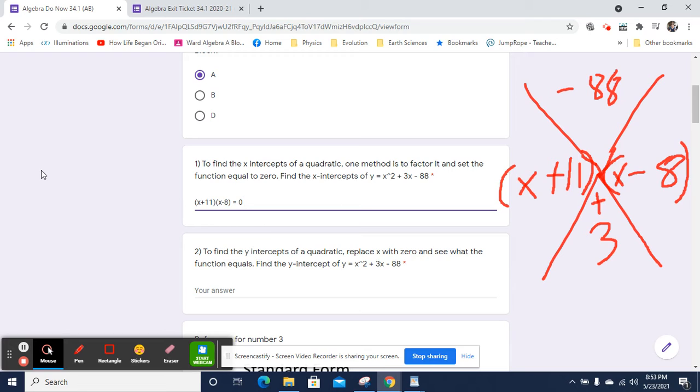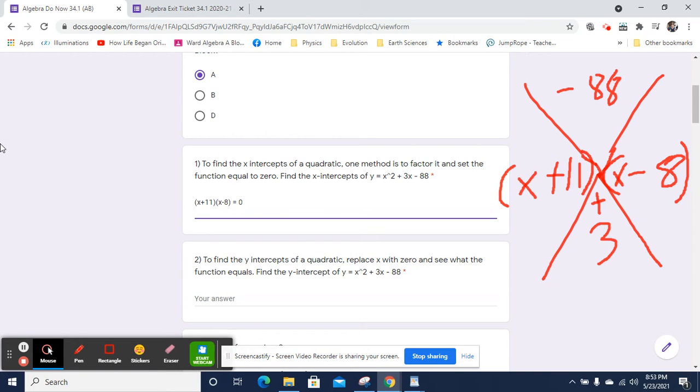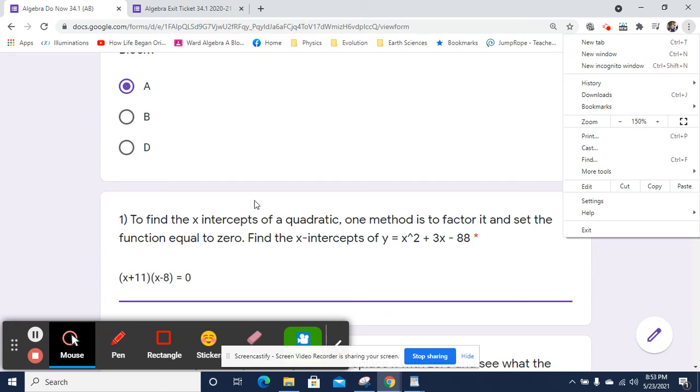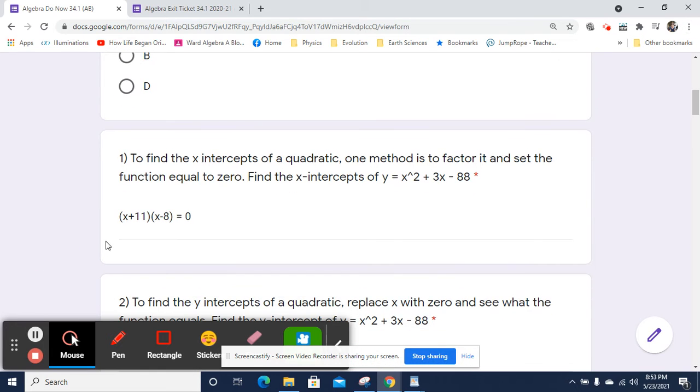And so now we just need to figure out what x value would make either one of these linear factors equal to 0. So I'm going to blow that up a little bit so we can see it better. So if x was negative 11, negative 11 plus 11 would be 0. So negative 11 is one of our x-intercepts. So x equals negative 11.